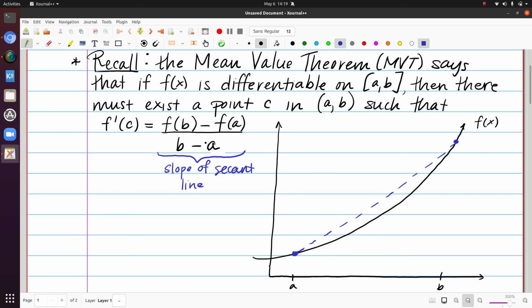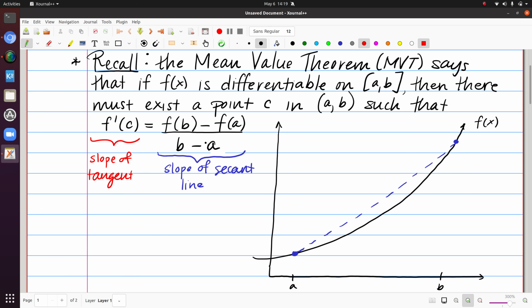What this is saying is that between a and b, I should be able to pinpoint a number c, or a point c, at which the line tangent to the function is parallel to the secant line. So this is the slope of the line tangent to f at c.